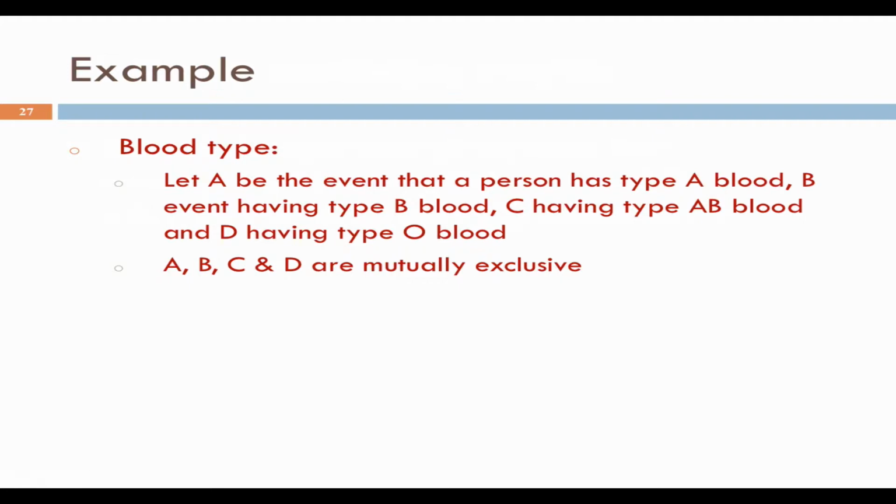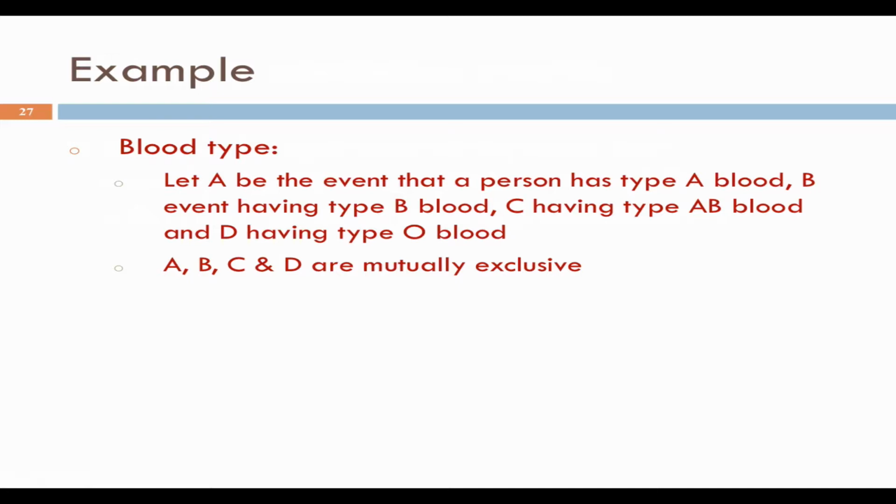This gives you an example of what a mutually exclusive event is in real life. It actually happens quite often. Take your blood type. Blood type can be A, B, AB, or O. Those four blood types are mutually exclusive.